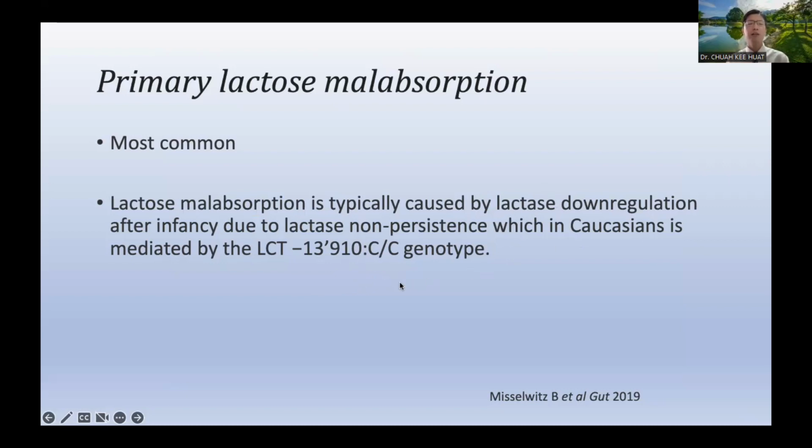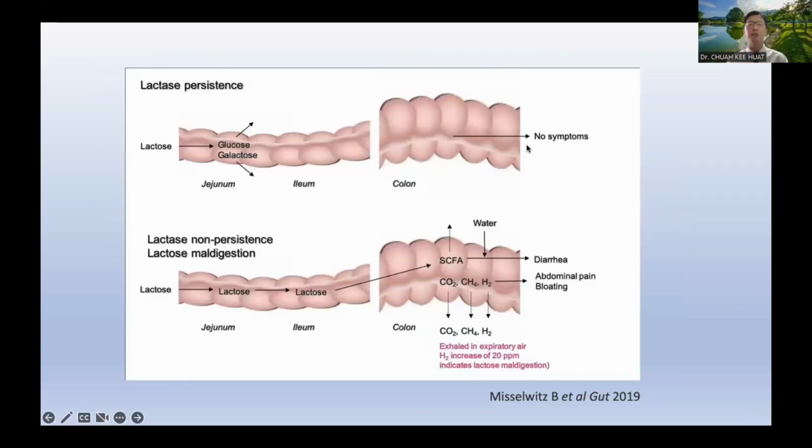In Caucasian, this is the genotype. In Asian, not very clear yet, but there are many studies showing different types of gene that was related. In lactase persistence, the lactose can be metabolized in the small bowel and absorbed into glucose and galactose, thereby no symptoms are produced.